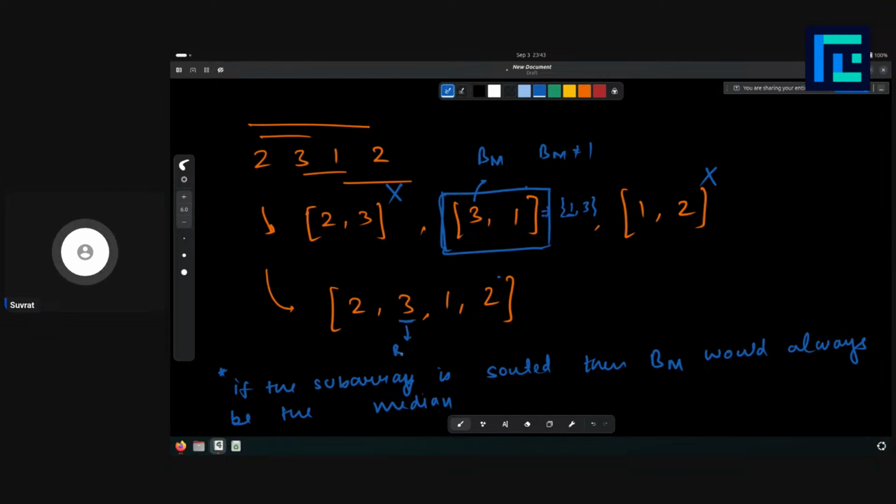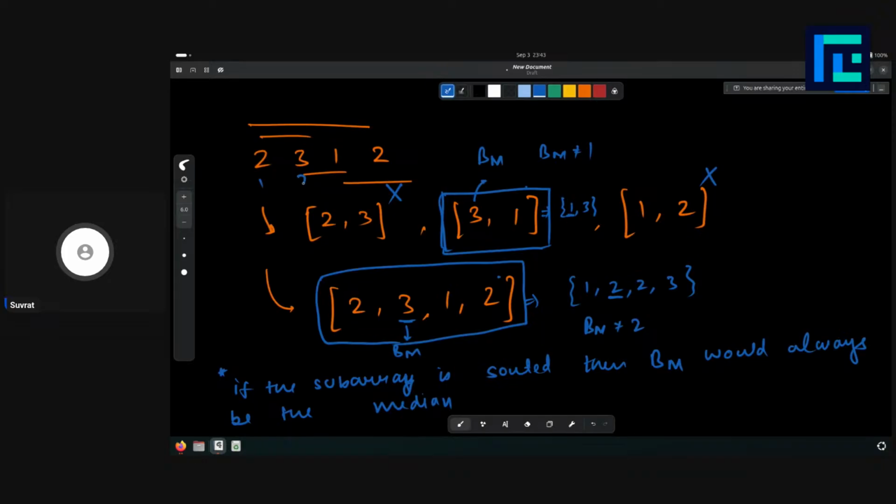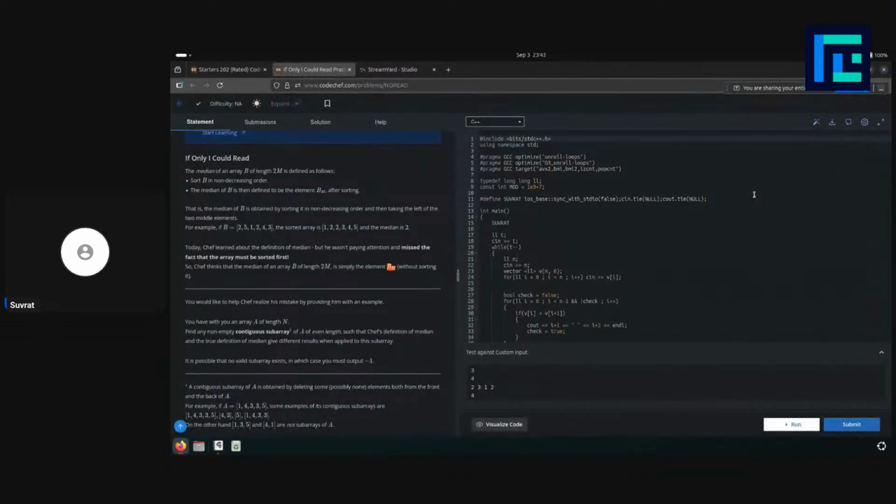Bm is this element, and after sorting it would look like 1 2 2 3, and the median is 2. Since Bm is not equal to 2, this subarray is also an answer. So we can output either 2 3 or 1 4. Both would be considered correct answers.